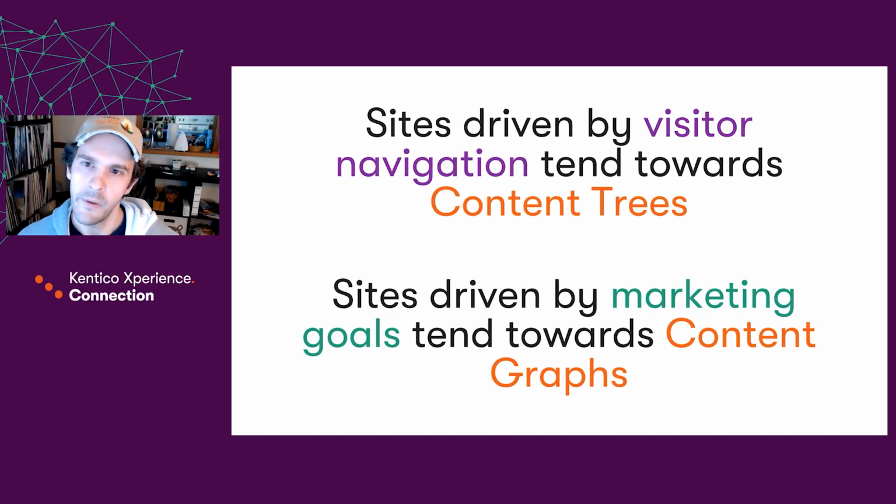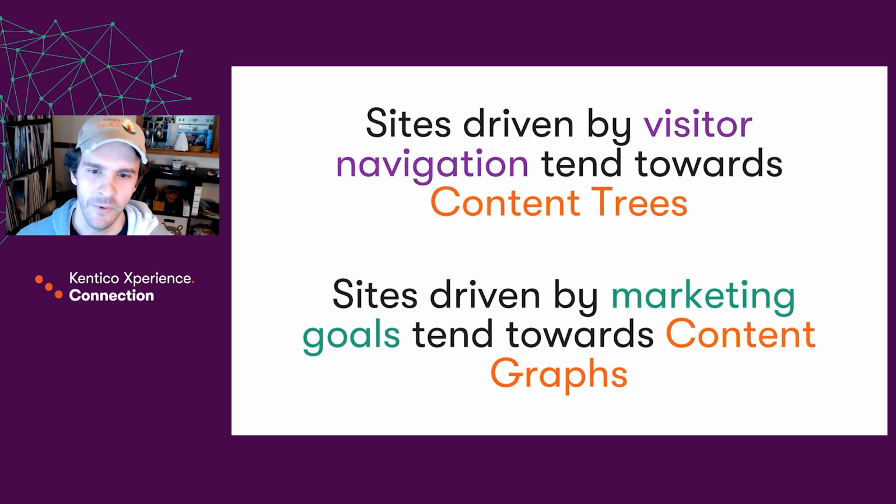And moving from a content tree to a content graph requires very reusable content, and very reusable content has to be design agnostic because we don't know where that content is going to be placed and exposed elsewhere on the site. It could be in very many places, all which have their own design constraints and design aspects.